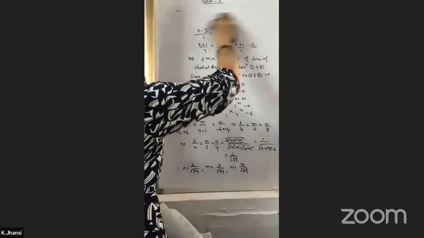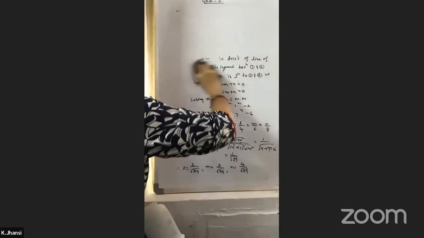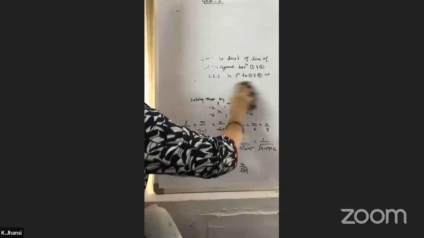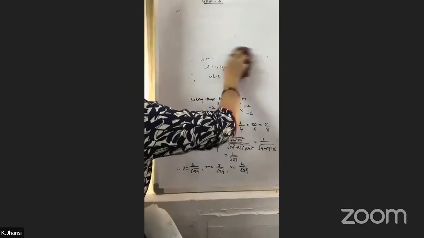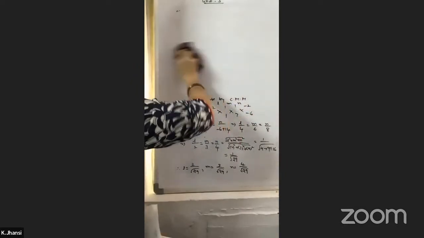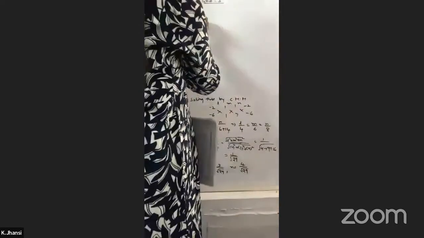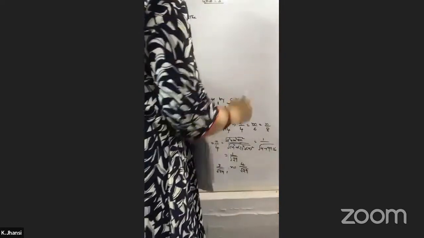Okay, now for finding the shortest line segment, we will write these values in the formula. So here you write the direction ratios, which we even call 2, 3, 4.